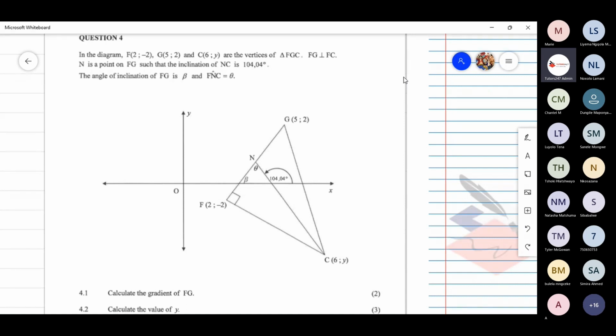FG is perpendicular to FC. So because FG is perpendicular to FC, the product of their gradients is going to be equal to -1. Then it states N is a point on FG such that the inclination of NC is 104,04 degrees.